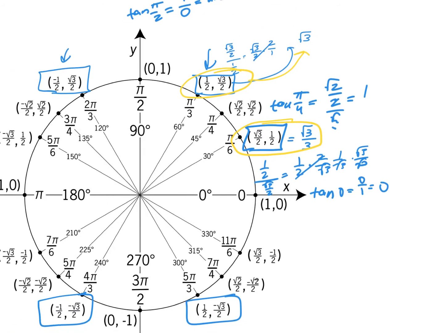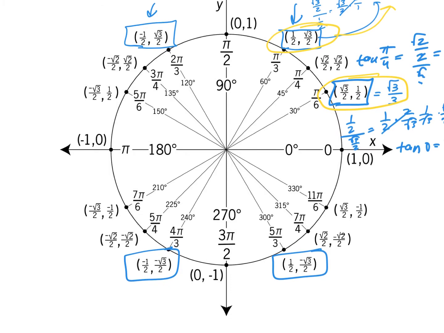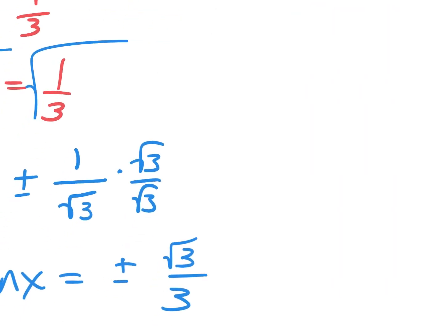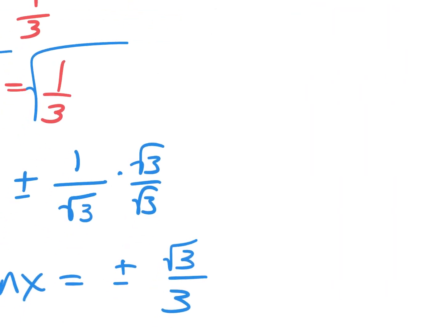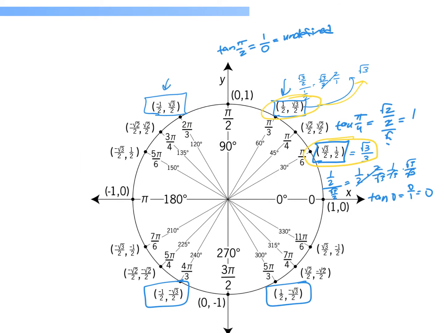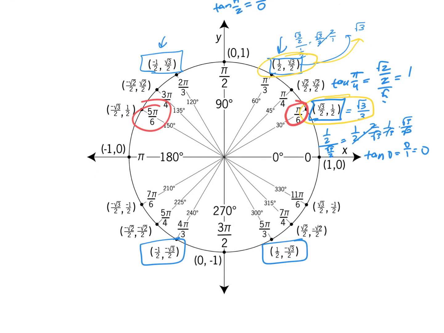But I'm looking for all the places on the unit circle where my tangent is positive or negative root 3 over 3. So I know for sure it's here at pi over 6, right? Where else is it? Where the square root of 3 over 2 is the x value. 5 pi over 6. Where else? The x value has to be square root of 3 over 2. 7 pi over 6.